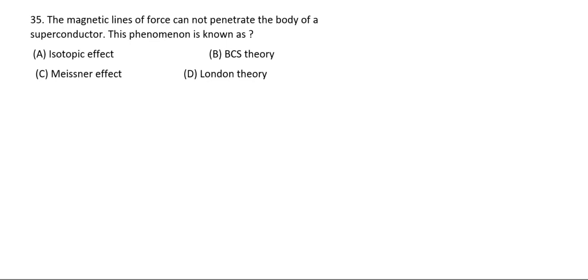Okay, next question. The magnetic lines of force cannot penetrate the body of a superconductor. This phenomenon is known as the Meissner effect. So option number C is the correct answer.